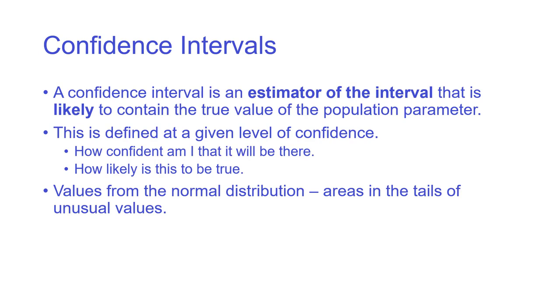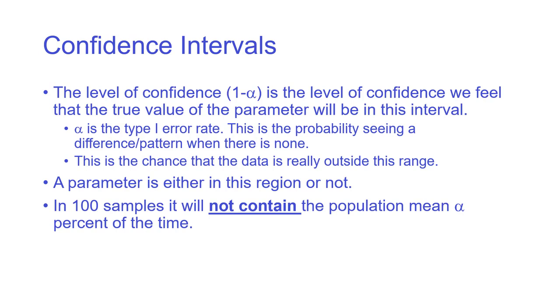Now, what's important for a large sample confidence interval is the normal distribution. So the first thing you do is assign a level of confidence, which is usually referred to by statisticians as 1 minus alpha. So 1 minus alpha is going to be something like, say, 95%. So alpha is 5%. Alpha is what's called the type 1 error rate.